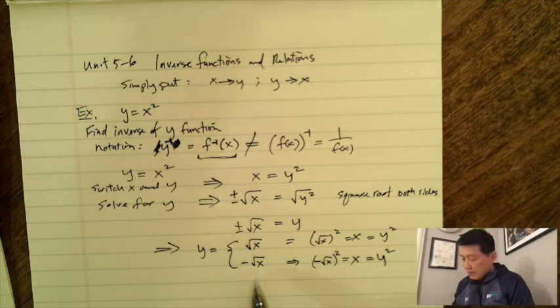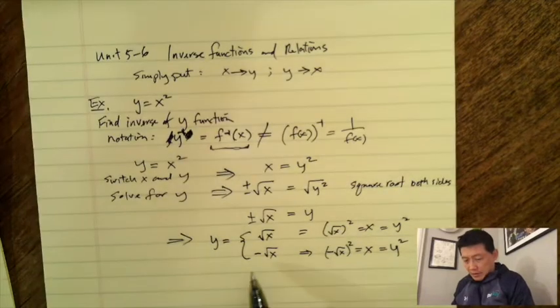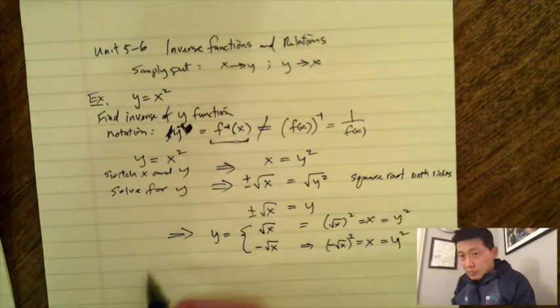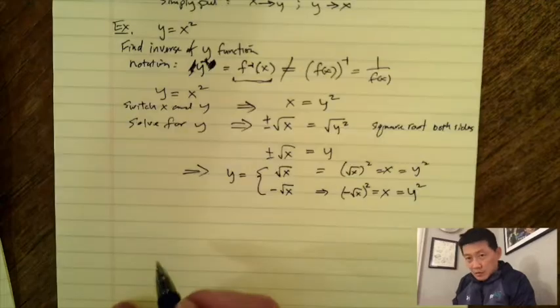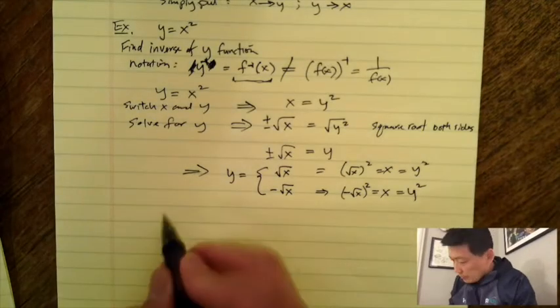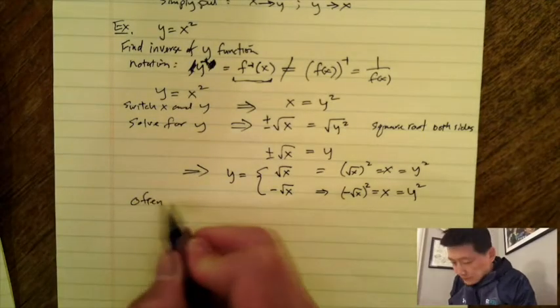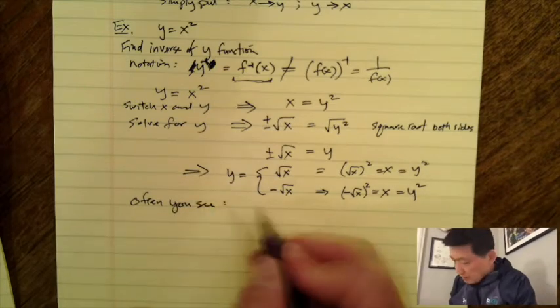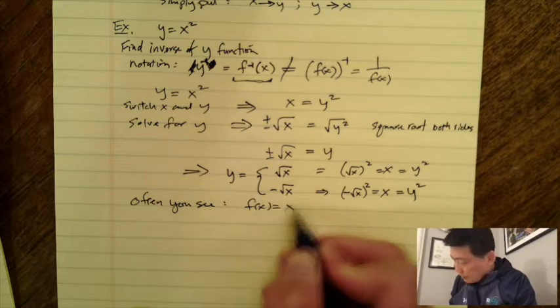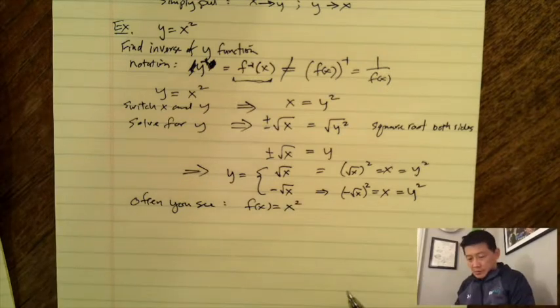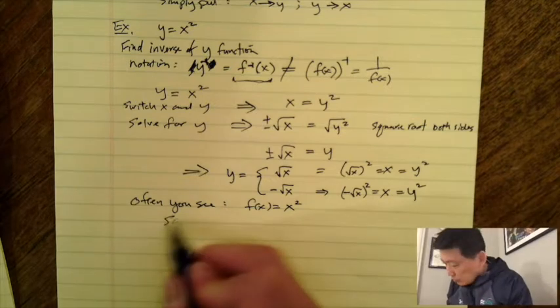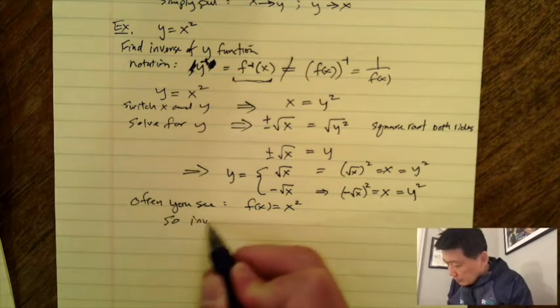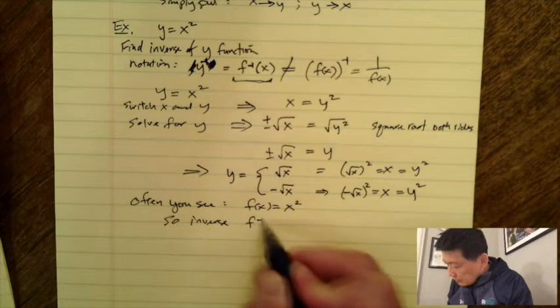Now, often this is what you will see, and let me just rewrite this in context. Often you see it this way: f of x is equal to x squared. So this is inverse.